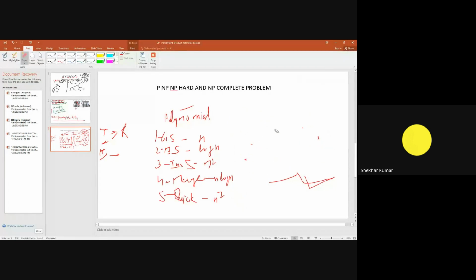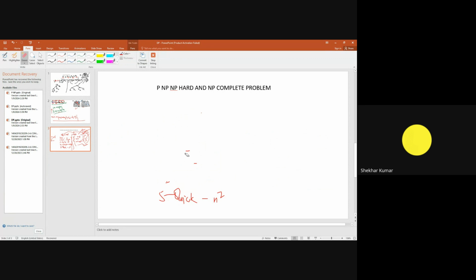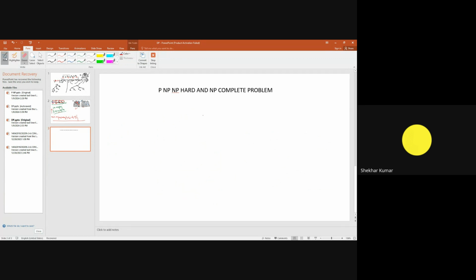For example, I am talking about a simple searching. In the linear search, it takes order of n time to execute to find a particular element. Suppose I'm implementing a new search, any search. Suppose I'm writing an algorithm that is named K search.